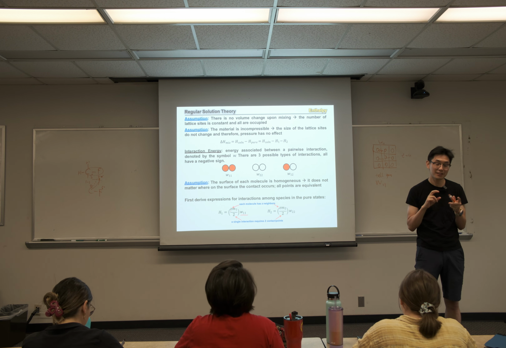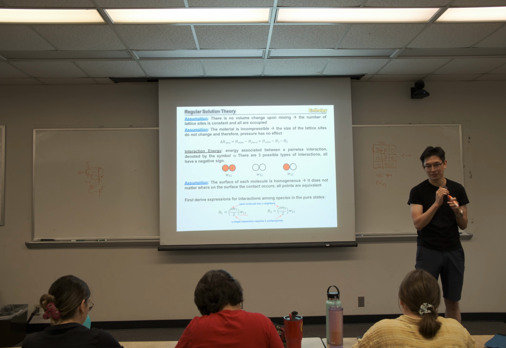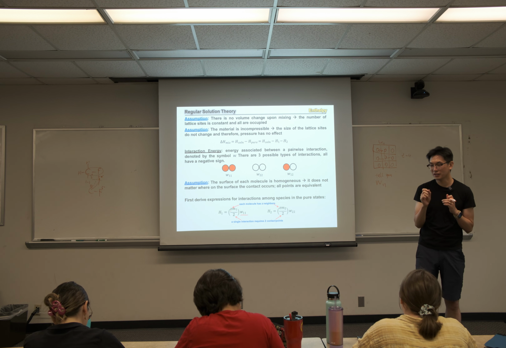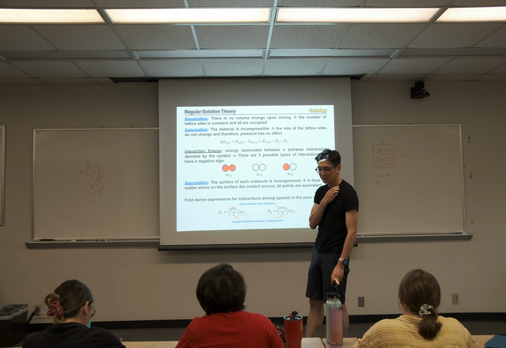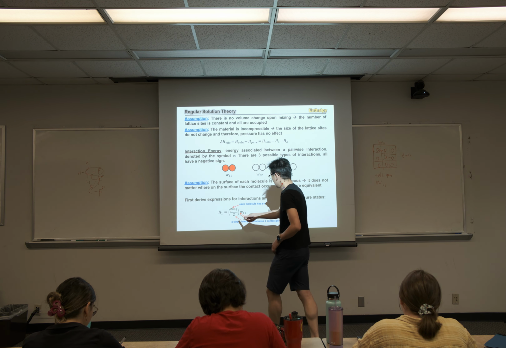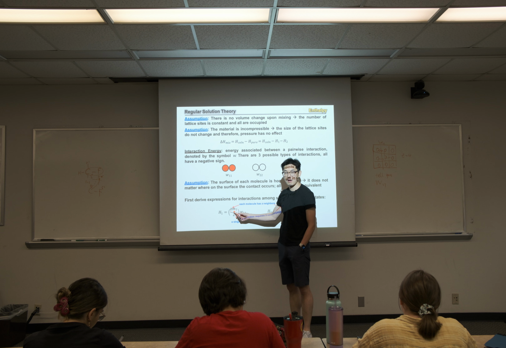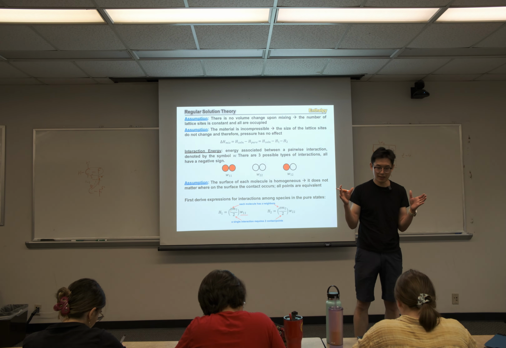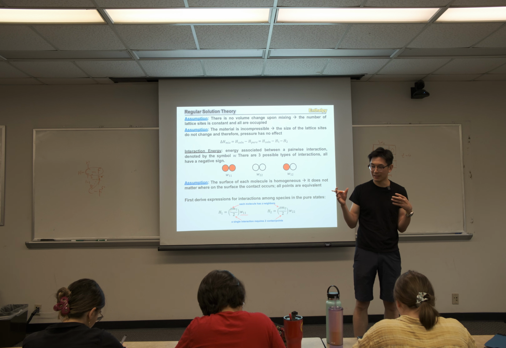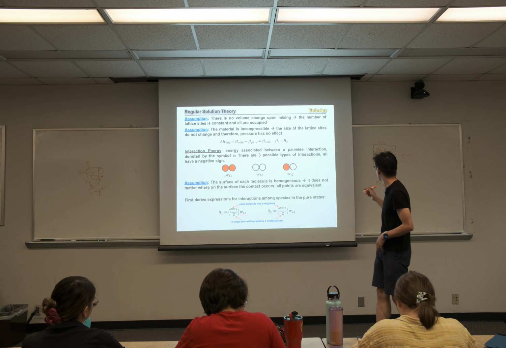Yes, we only consider short range interaction, like Joseph said. So for each molecule, how many closest neighbors do we have? It's defined by Z. So Z times M1 is the total number of pairs that could have interaction.